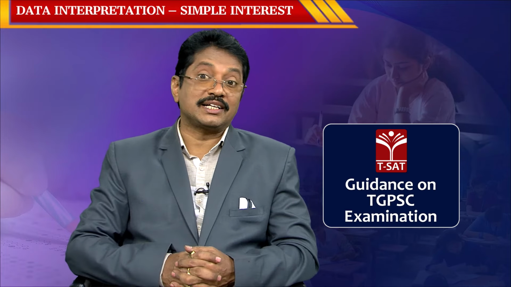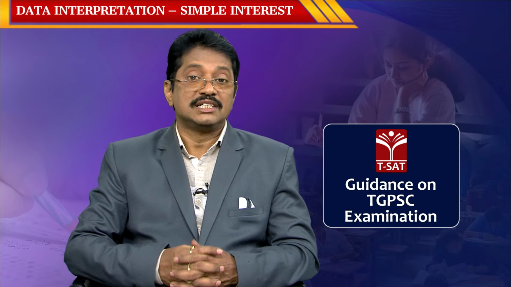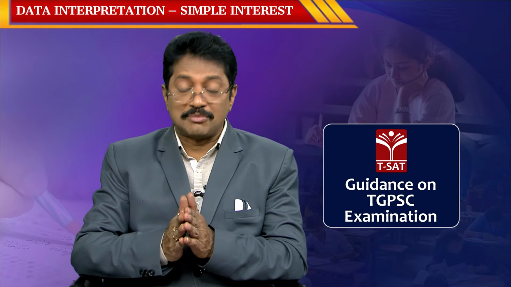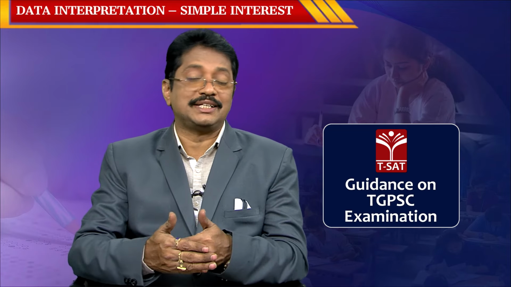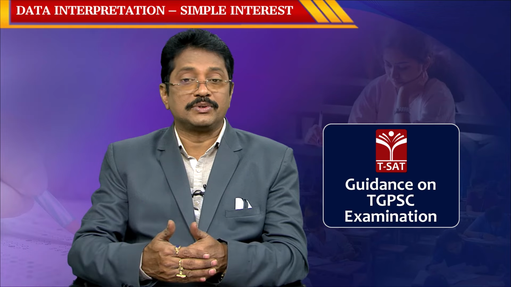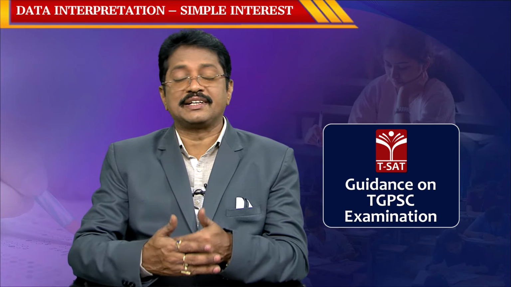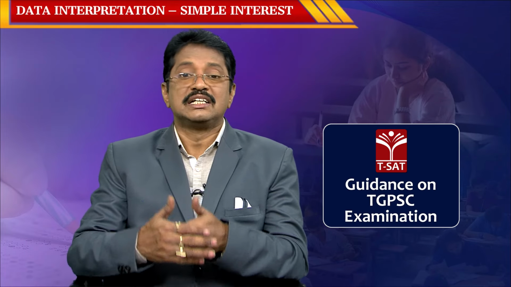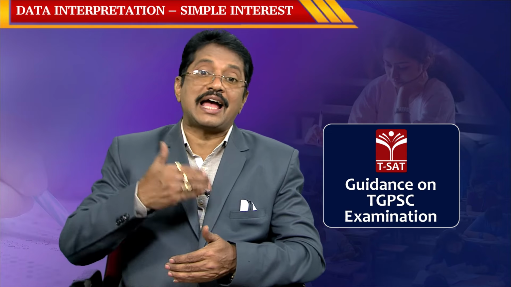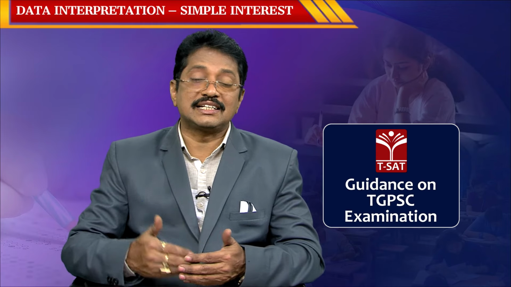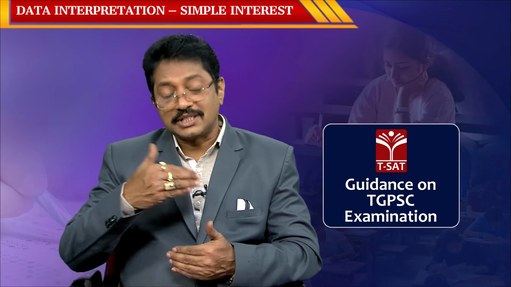Whereas in compound interest, the amount you deposit or lend in the first year will be the principal amount, and according to the rate of interest, you calculate the interest. That interest is also added to the next year.